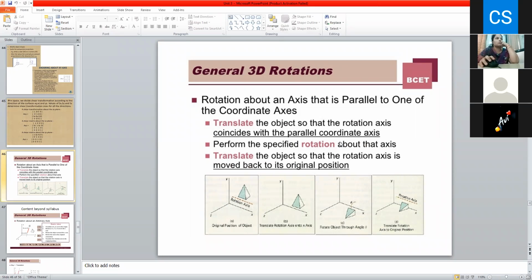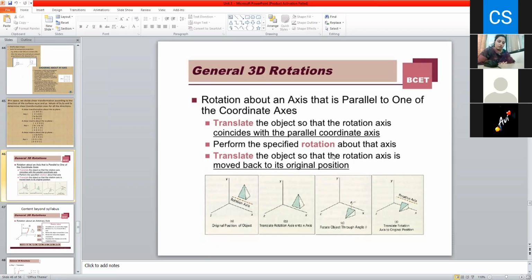Okay. So let us see the next point, which is general 3D rotations. As we have seen the rotation in 2D, the rotation in 2D was carried out with respect to origin only.